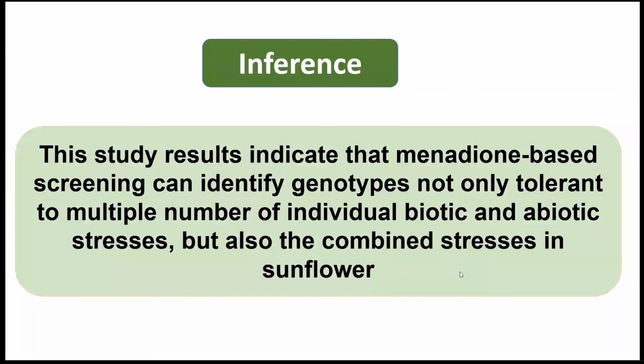that can aim to use one of these oxidative stress agents depending on the crop plant and depending on the stresses that it is experiencing to screen for, considering that studies of actual combined stresses are difficult for a large scale screening, this could be an easy option.